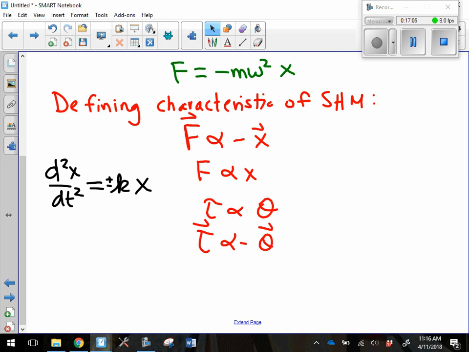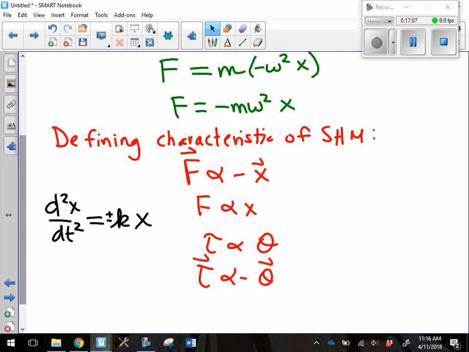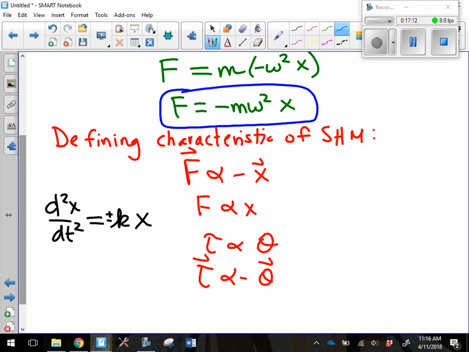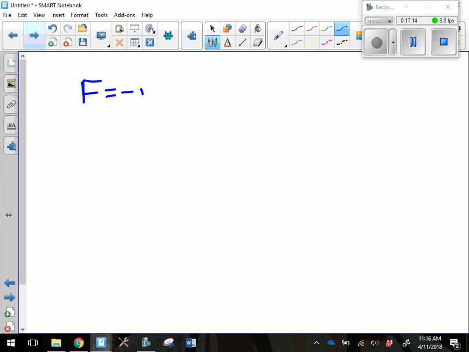Okay, which brings us to something really interesting. So let's hold on to this for a minute and take it to the next screen with us. So F is equal to negative m omega squared times x, the position. On one of the simple harmonic oscillators I showed you yesterday, we had a spring, right? What was the spring force? Well, negative kx.